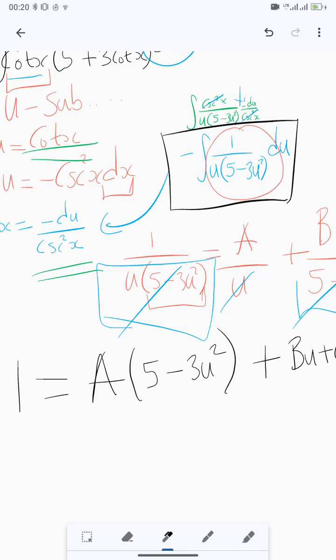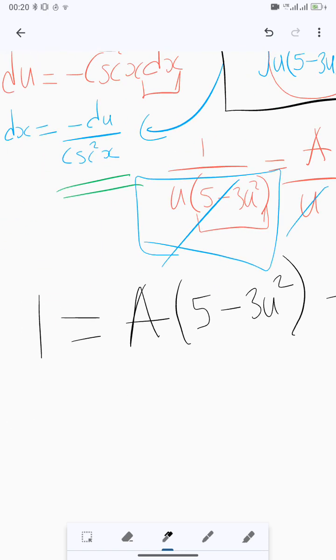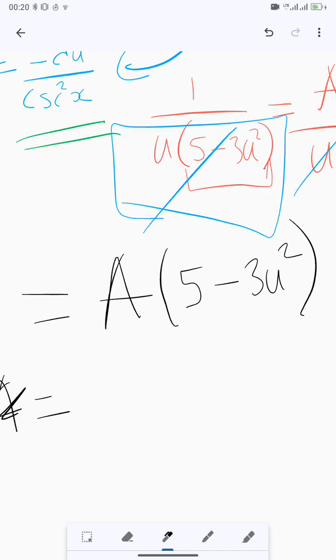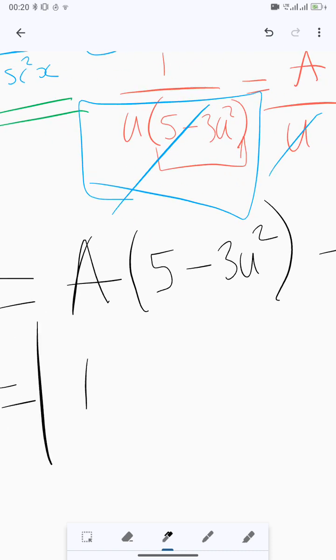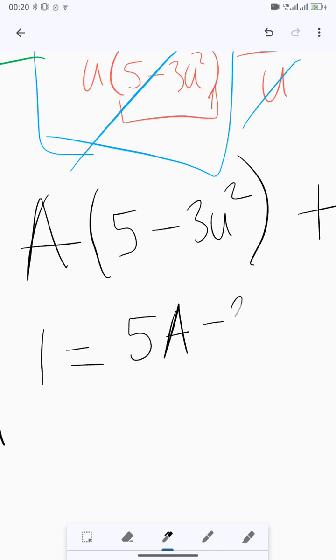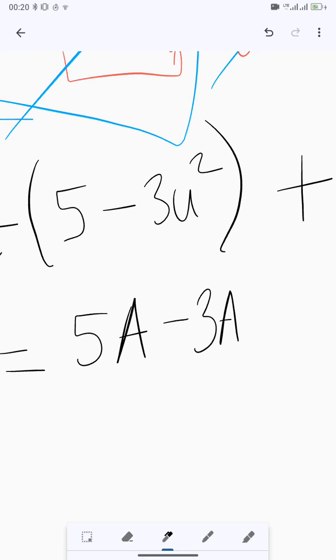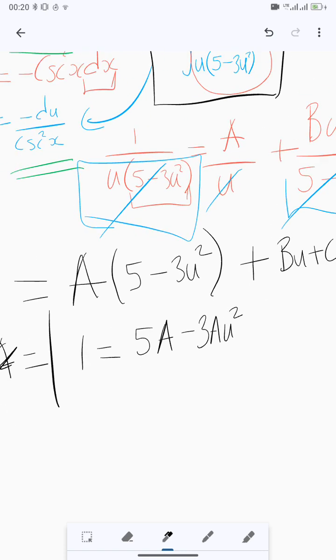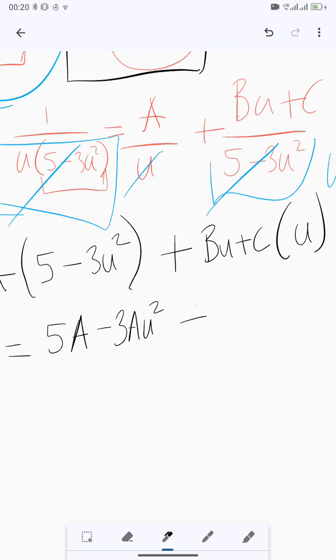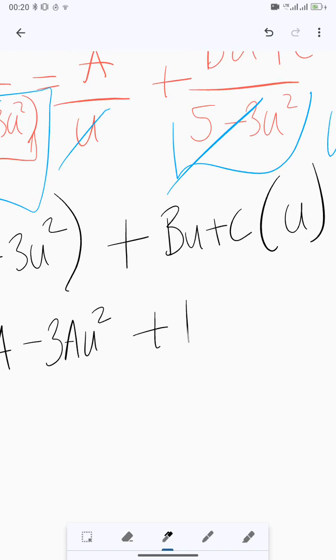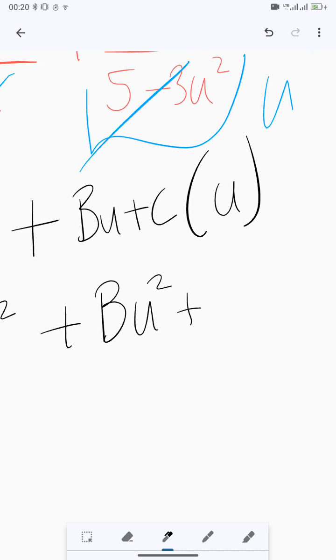I think maybe to just distribute the a here, this would be 1 is equal to 5a minus 3a u squared. Then moving on, distributing this u, you'll be having b u squared plus c u.